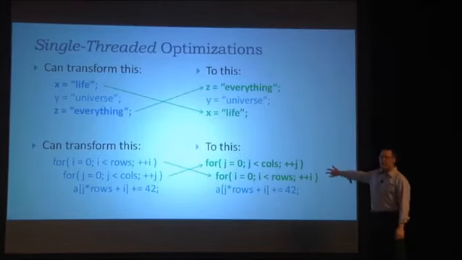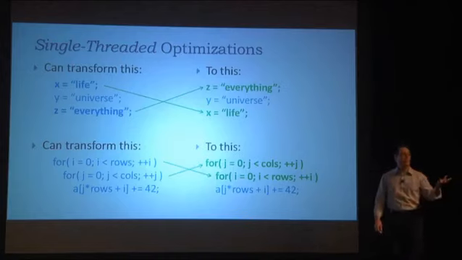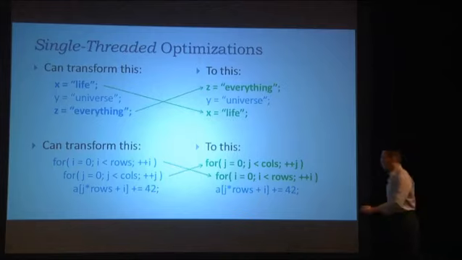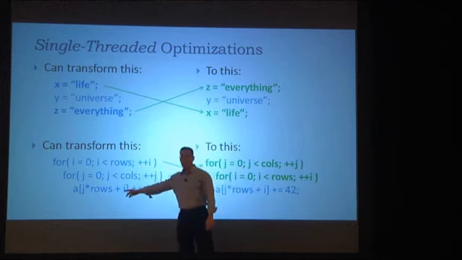Why is it legal to transform this to have the inner loop become the outer, to traverse the array in the opposite order? Because? Really, all we're doing is we're reordering the order in which we add 42 to the elements of the array. We're just doing them in a different order.